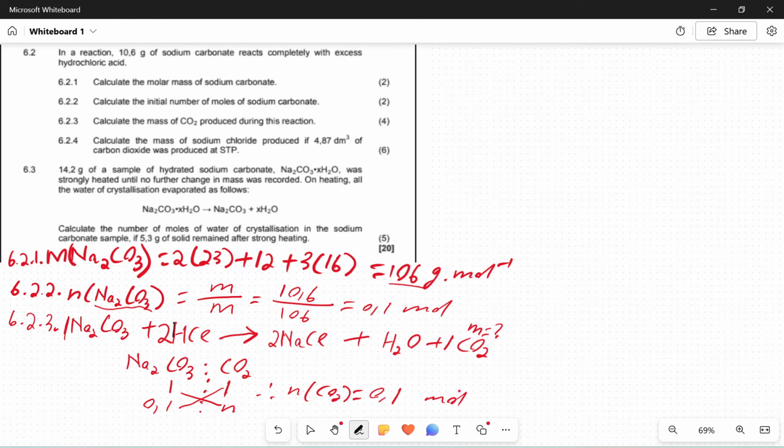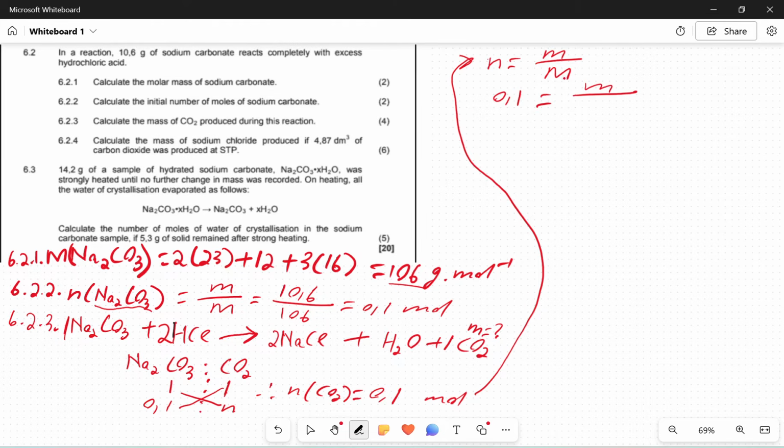After finding the number of moles of carbon dioxide, I'm now going to move to this step here. I'm now going to use the formula n is equal to mass over molar mass. Okay, then for me to find the mass, I know that the number of moles of carbon dioxide is 0.1, which is equal to, I don't know, the mass divided by the molar mass.